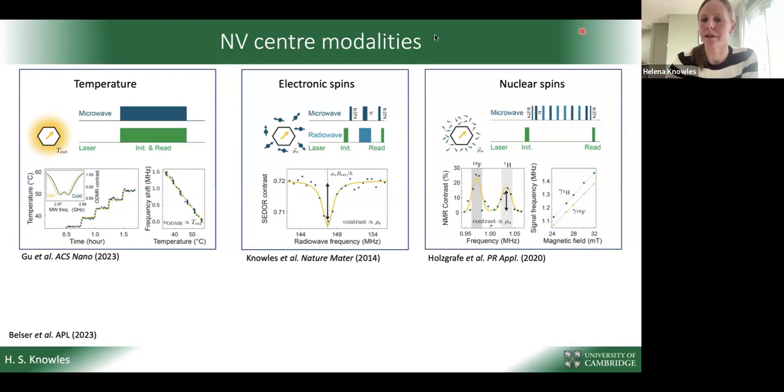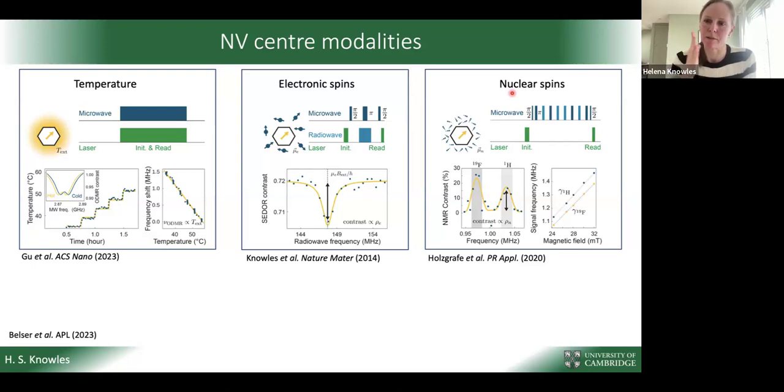Another option, taking this technique even further, is using the NV center to look at nuclear spins. Here we apply a slightly longer pulse train, one of these dynamical decoupling sequences. The example I have is an XY8, which is very commonly used for nanoscale NMR.